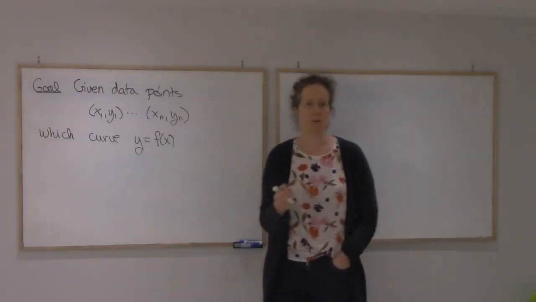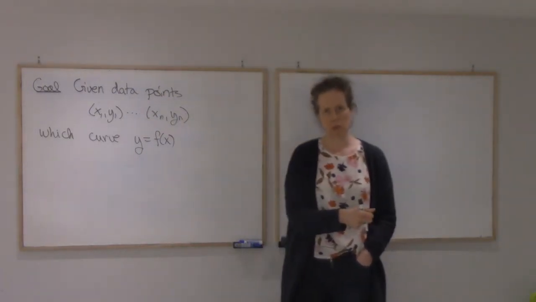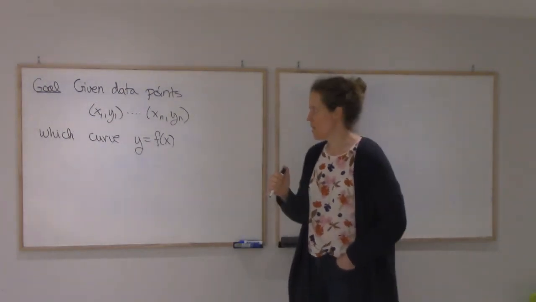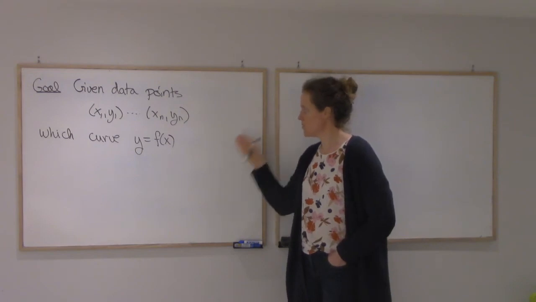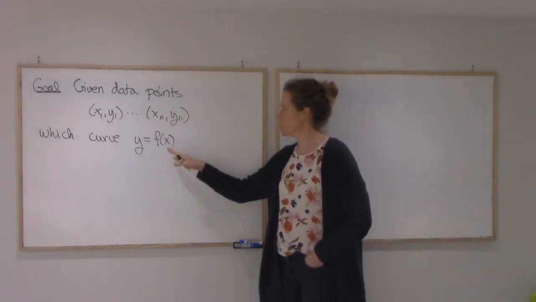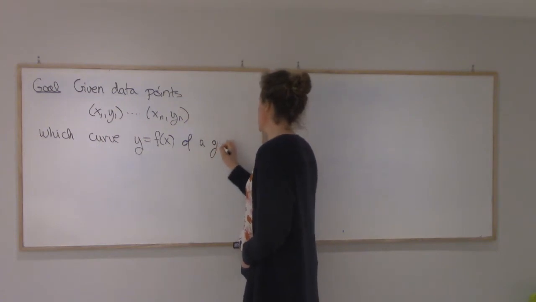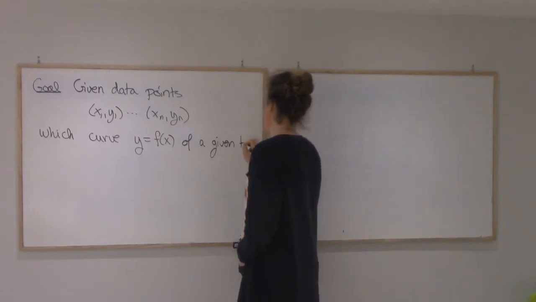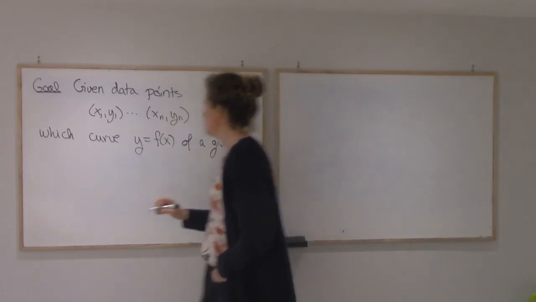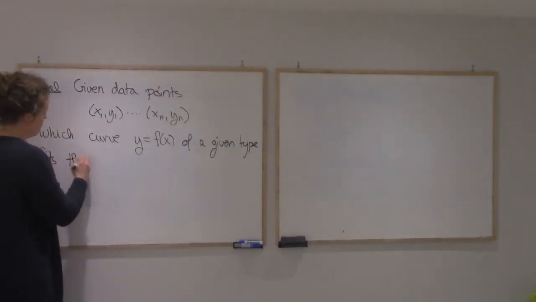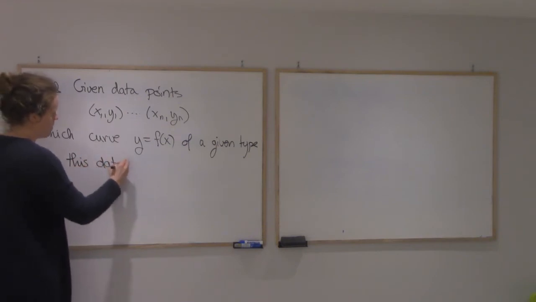They might be polynomials of degree 3 or less. They might be, we'll talk about trigonometric polynomials later. But we'll look at a specific type of function. So which curve of a given type fits this data best.